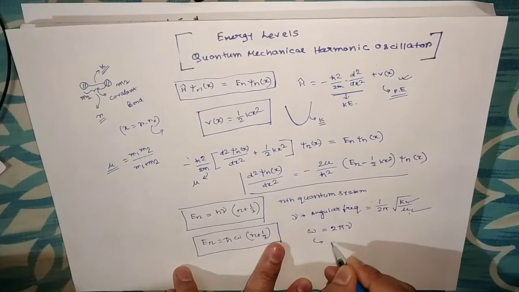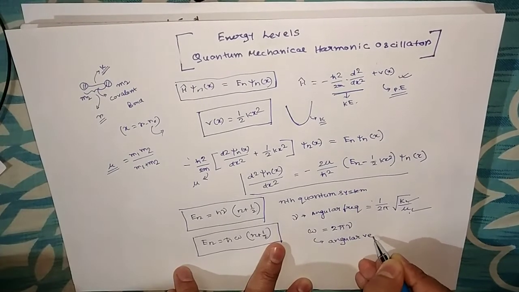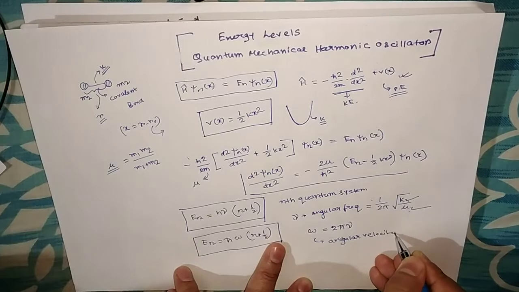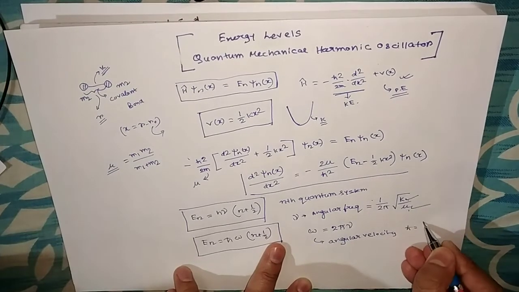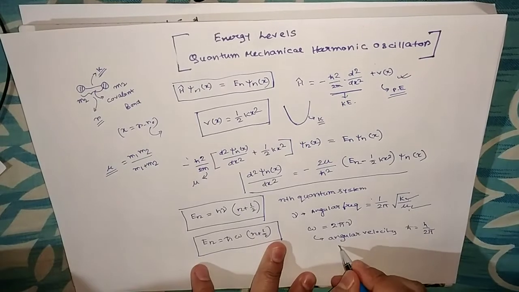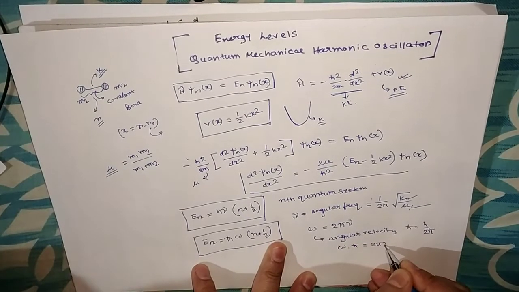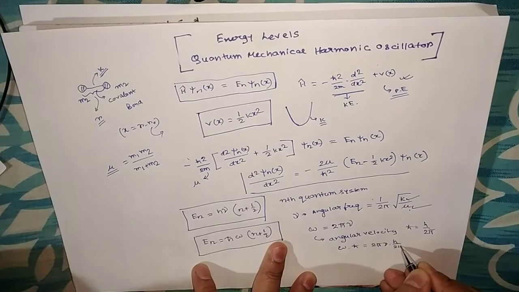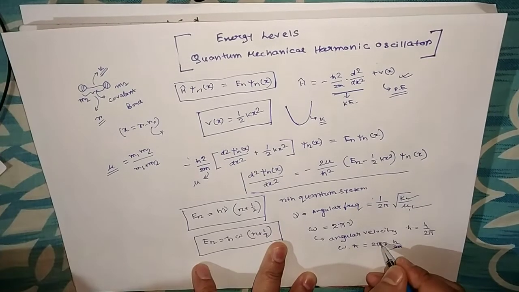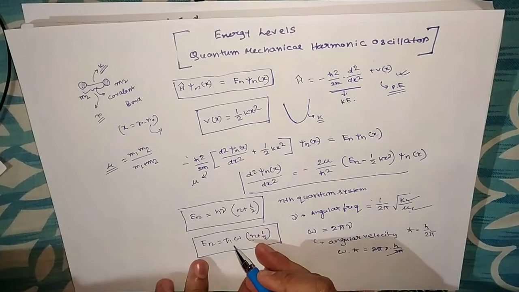What is ω? It is the angular velocity. And ħ is h by 2π. So if you multiply ω with ħ, what do you obtain? 2πν times h by 2π. The 2π will be cancelled out, so we get hν. That's why these two expressions are similar.